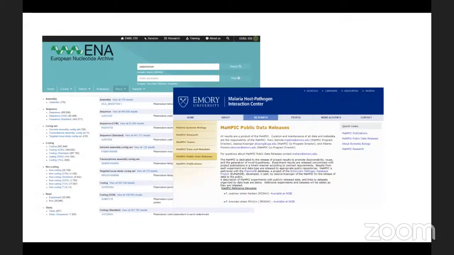So another repository here is the Malaria Host-Pathogen Interaction Center. Actually, it's not just a repository that they host, but this MaHPIC team strives to deliver unique, large data sets that hold potential for major breakthroughs that ultimately will advance our understanding of malaria and help diagnose, prevent, and treat the disease.